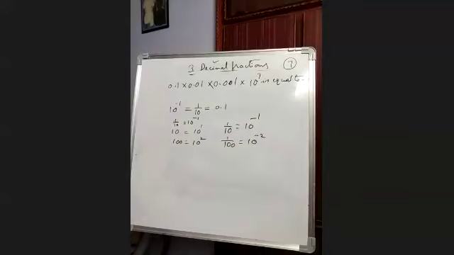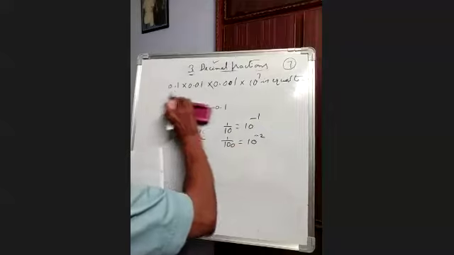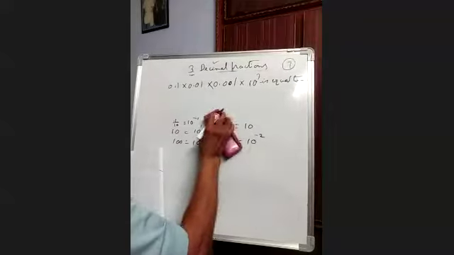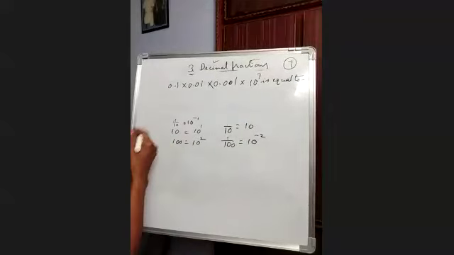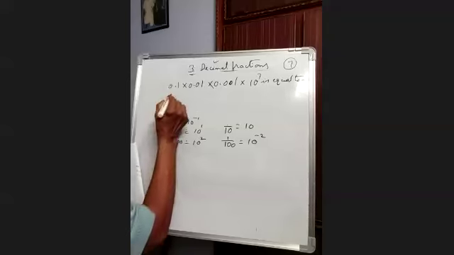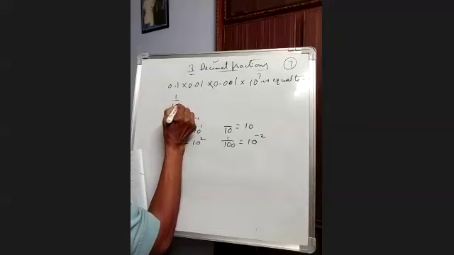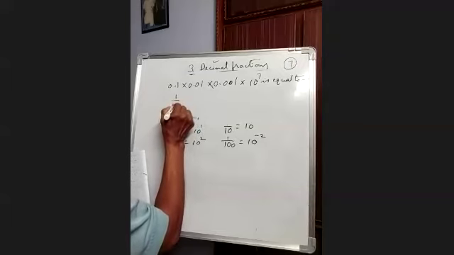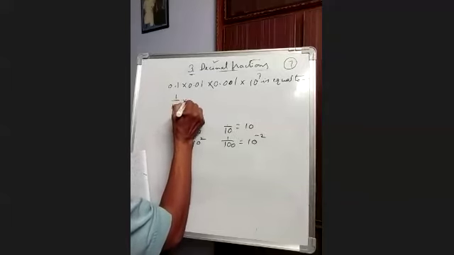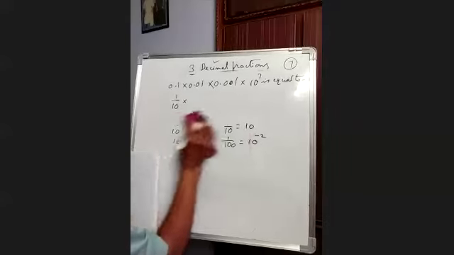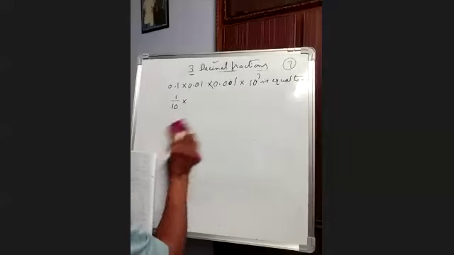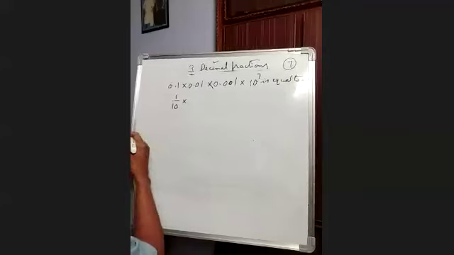So using that, you have to simplify this one. 0.1 is 1 by 10. First write 1 by 10. Because this is the first problem, let us try to expand the steps. Otherwise, directly we can write 10 to the power of minus 1.